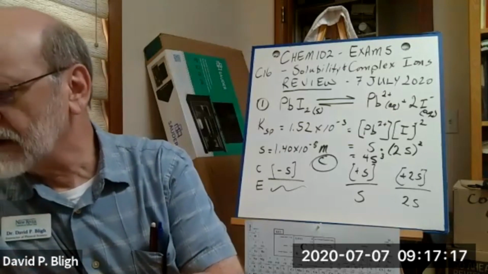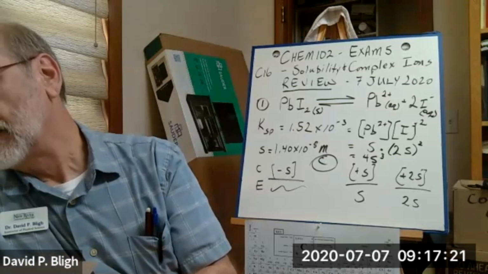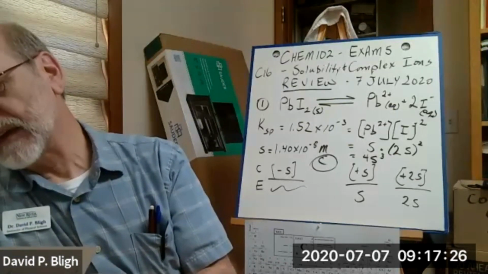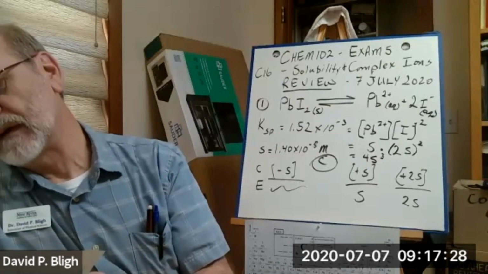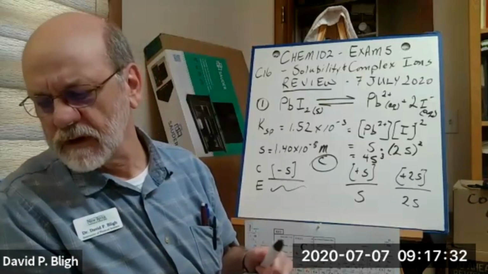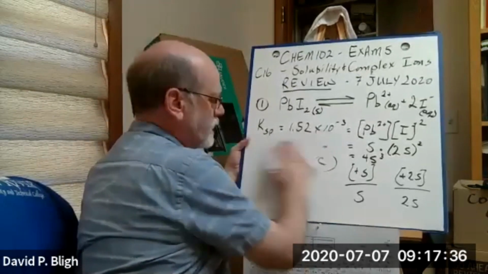I'd like to try just do another one. What's the KSP for silver chloride? Here it is. Let's do silver chloride. This one doesn't have a number.